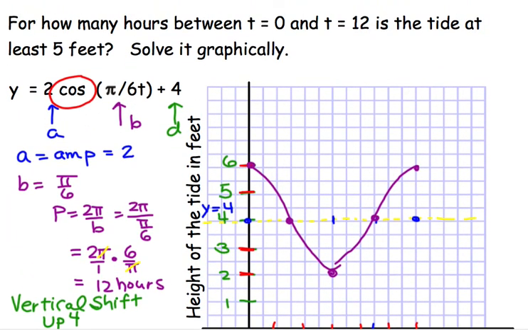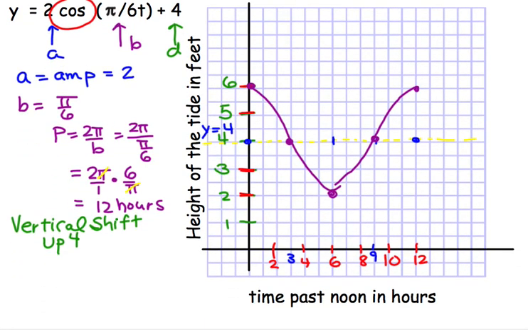All right. Now here we're going to go ahead and answer the question. Between time of 0 and 12 hours, is the tide at least 5 feet? How many hours is that true? So now let's look at it graphically. So we're going to look on the vertical axis. Here's 5 feet, right?